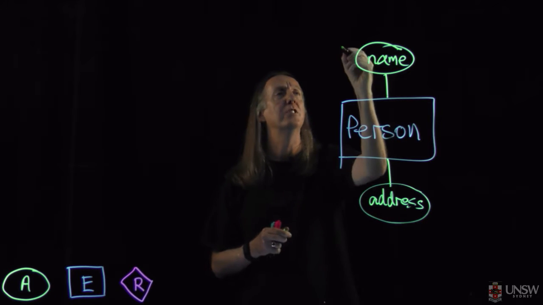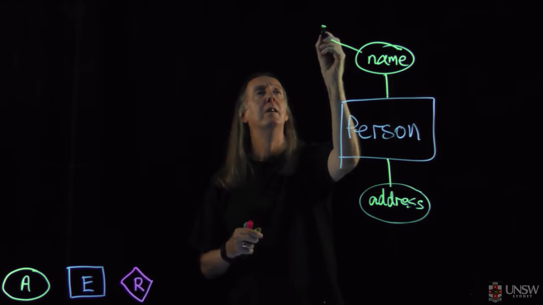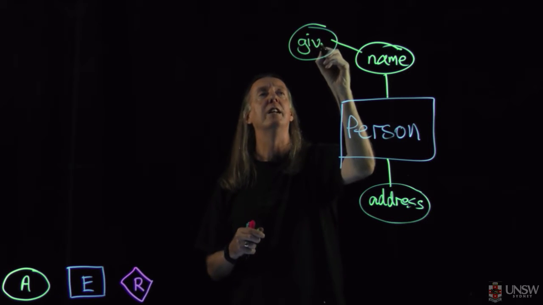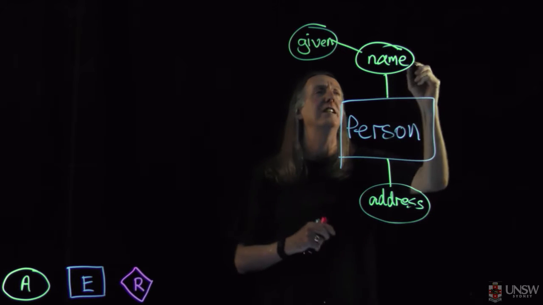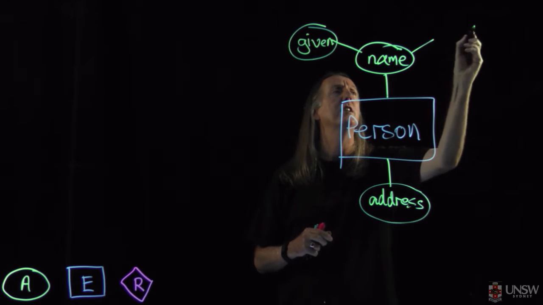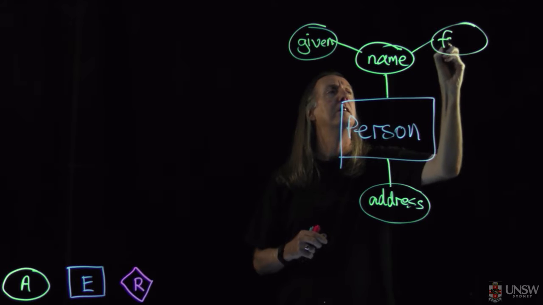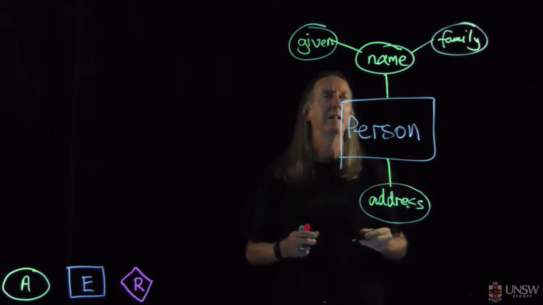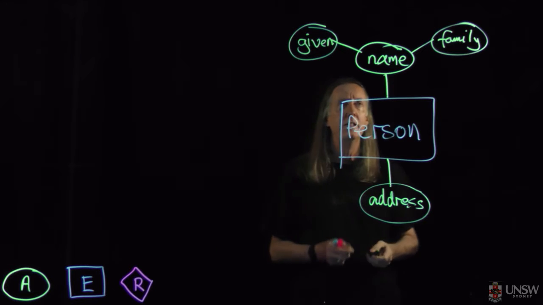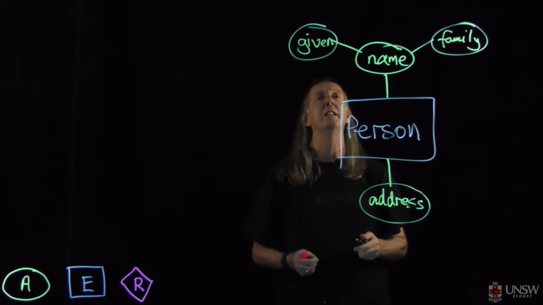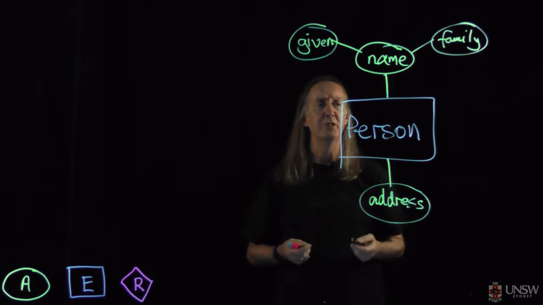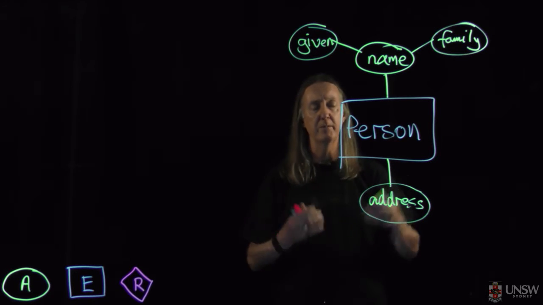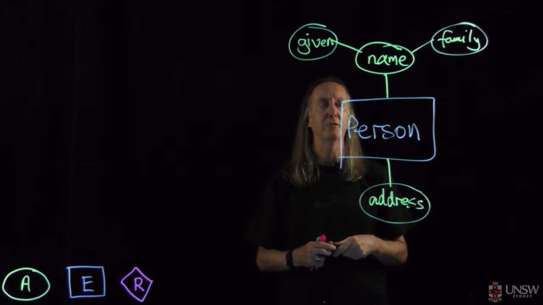So we've got name, which is actually made up of a set of given names, a string containing their given names, I should say, and a family name. So those two things, the given name and the family name, represent the person's name. And in the relational model, they're going to be represented by separate attributes.